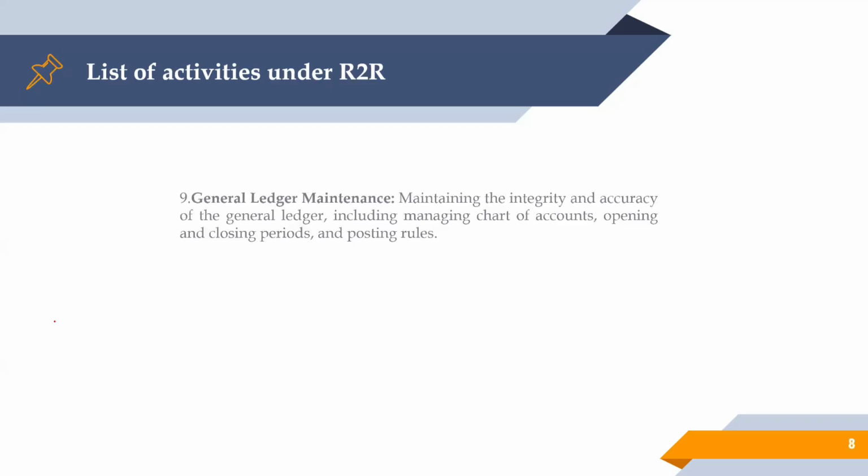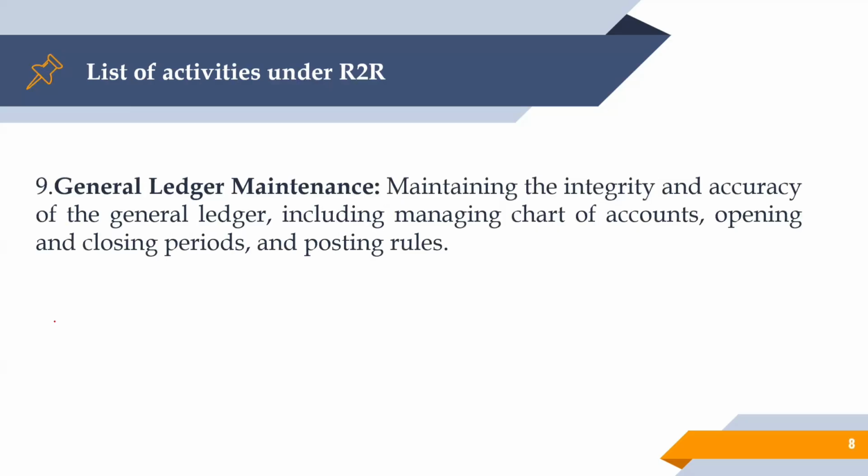Now the next is GL maintenance. Maintaining the integrity and accuracy of the general ledgers, including managing the chart of accounts, opening and closing the periods, and posting rules. That's also one of the responsibilities of the R2R team. If the technical team is not there, and if we haven't hired a technical team, then the creation of general ledgers is going to be our responsibility in the books of account.